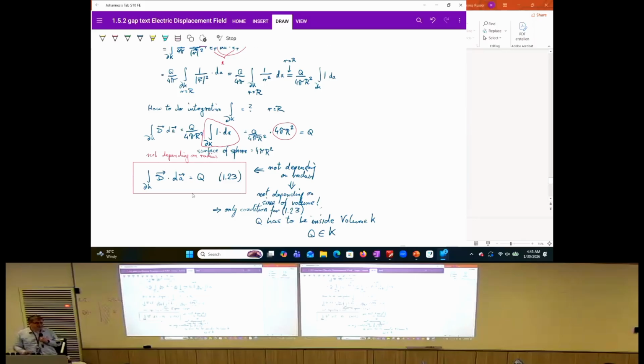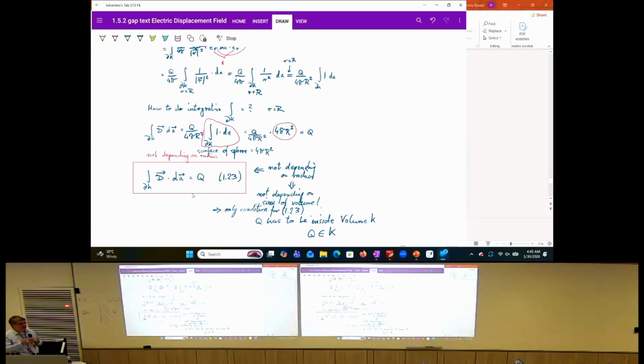For this particular example, we made this with a spherical control volume because it is easy to calculate, since we have this spherical symmetry for this point charge. So we put a sphere around it as a control volume, and we put the charge in the center of the sphere.